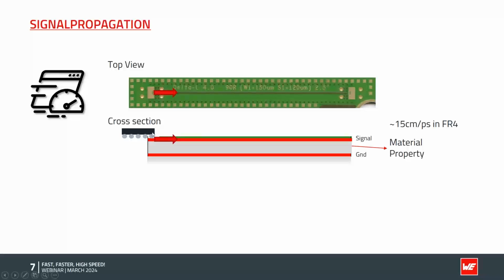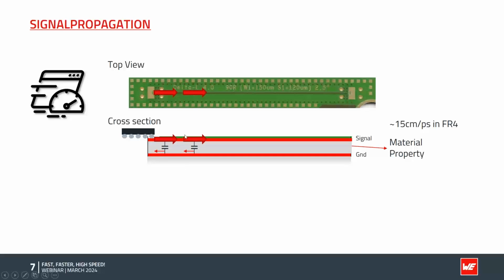I send here from my component to this differential track a signal, and if my signal travels through the board, I have a signal layer on top, a ground layer underneath. There will be a capacitor effect, and the capacitor has to charge up, and a little bit of current is flowing back to the circuit.